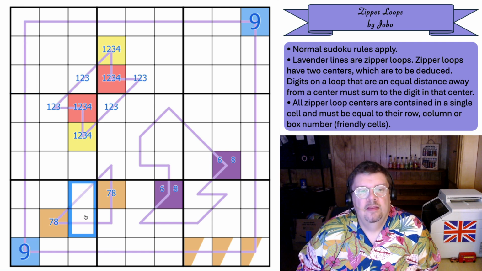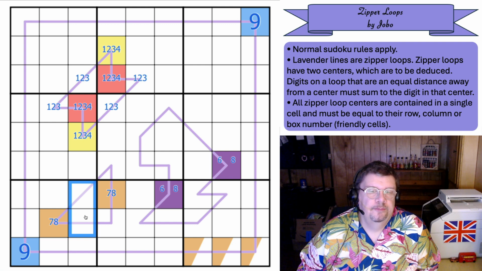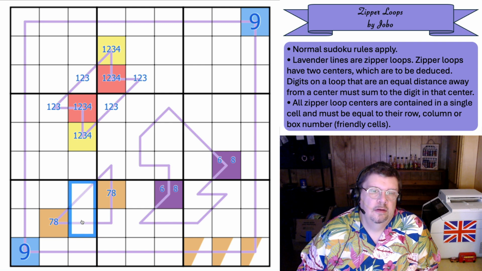Okay. These two digits add up to 7 or 8. But it can't be 3, 4. But they could be 2, 5 or 1, 6. They could be 2, 6 or 1, 7. Or 3, 5.